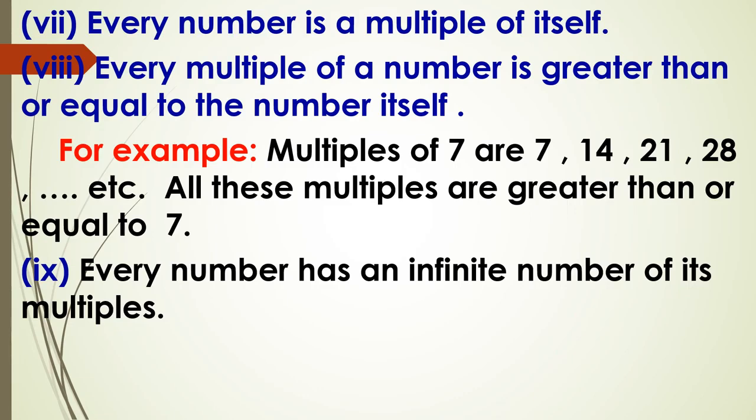No. It is then 55, then 60, then 65, 70, 75. So it never ends. Every number has infinite number of its multiples. They are countless, they are endless. Factors are finite, but multiples are infinite.